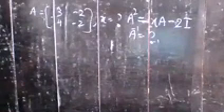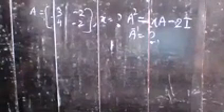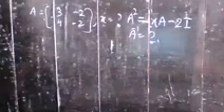So x is equal to 1. Yes, correct. Absolutely correct. X is equal to 1 is correct. All of you are getting x is equal to 1.